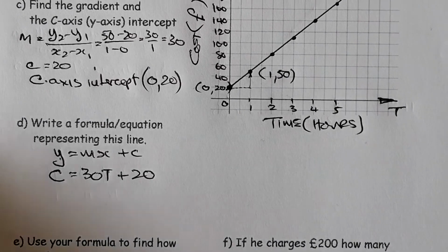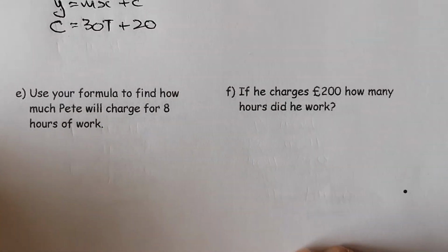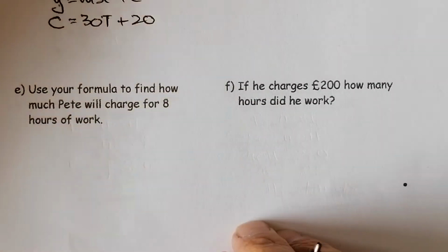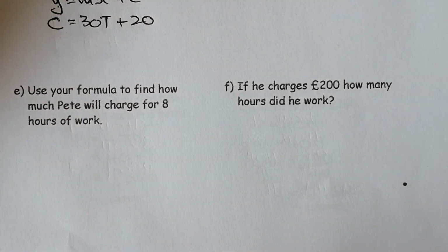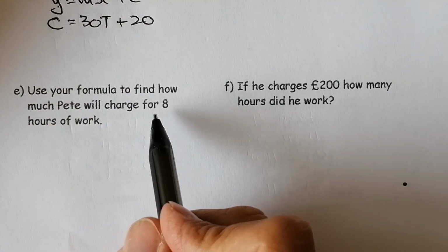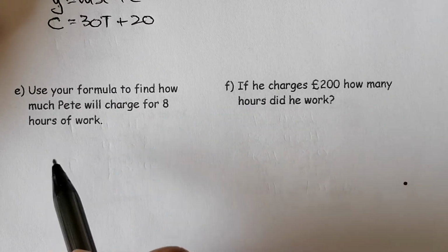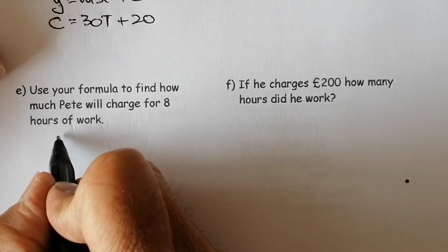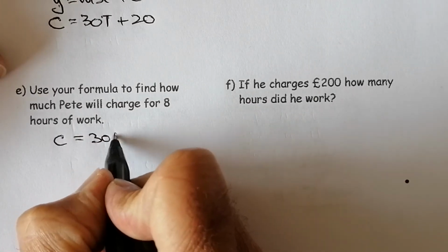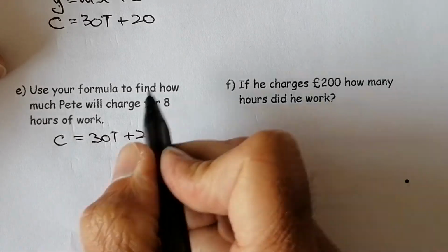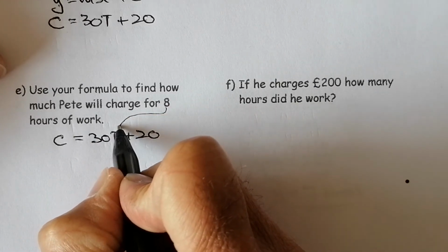So I'm going to do two last pieces of work here at the bottom using the formula. First, I'm going to use the formula to find out how much people charge for 8 hours of work. So we'll start with the formula: C equals 30t plus 20. I'm going to substitute 8 in where the time is.